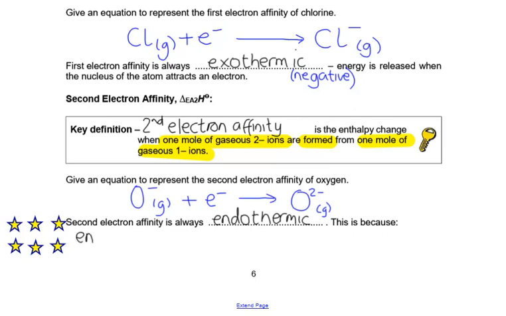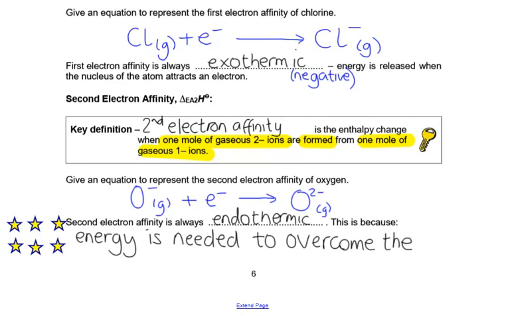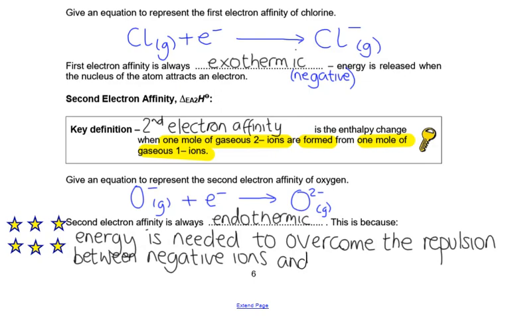So we would need to say energy is needed to overcome the repulsion between negative ions and negative electrons. And that is a really common question on the exam.